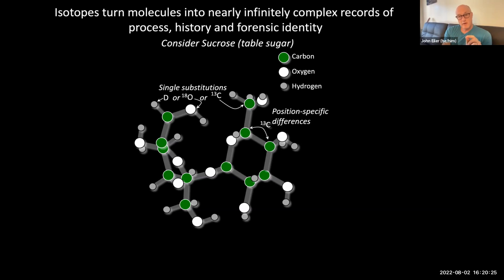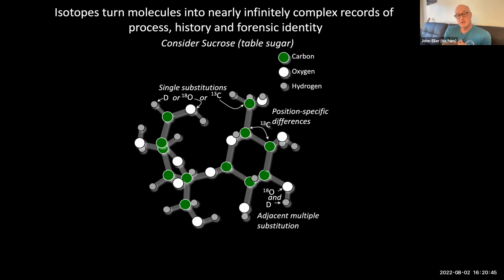And if I put a rare isotope in one position, it might change the molecule in a way that's different from placing it in another position. We call these position-specific differences or position-specific isotope effects. The rare isotope makes a choice which of the atomic positions it will occupy.